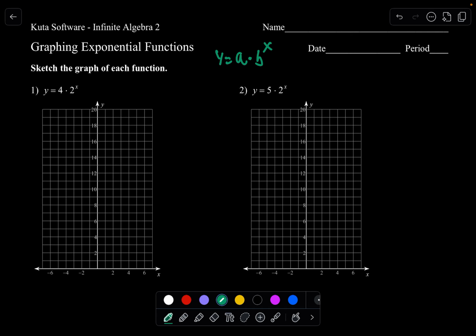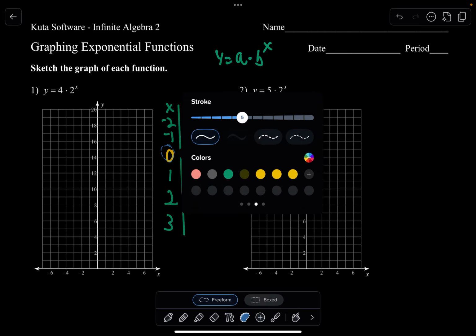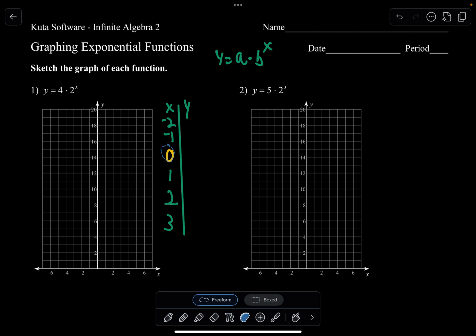So on number 1, we would go x, y, and we will choose numbers. Let's go 0, 1, 2, 3, and go -1, -2. All right? 0's in the middle of this. That's going to be our y-intercept. So I'll make that even yellow. Okay? So let's start there.